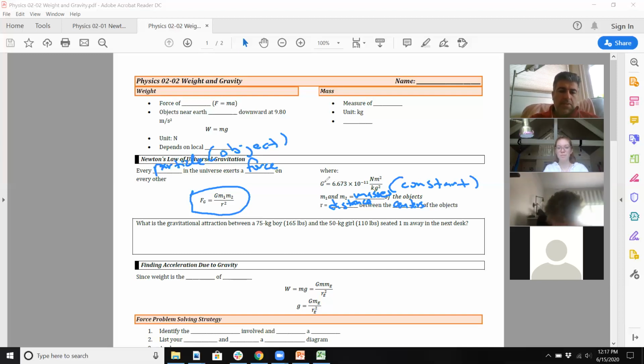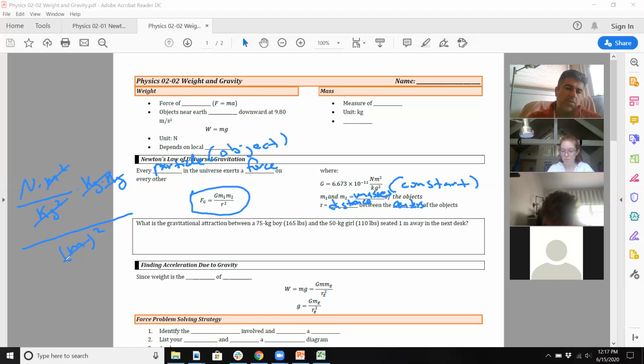If G is in newton times meter squared over kilogram squared, and you have a kilogram and a kilogram for the two masses, and meters for the radius squared, R stands for radius, by the way, but we'll just call it distance. Then these cancel, and you're just left with newtons at the end. So you can find the gravitational attraction.